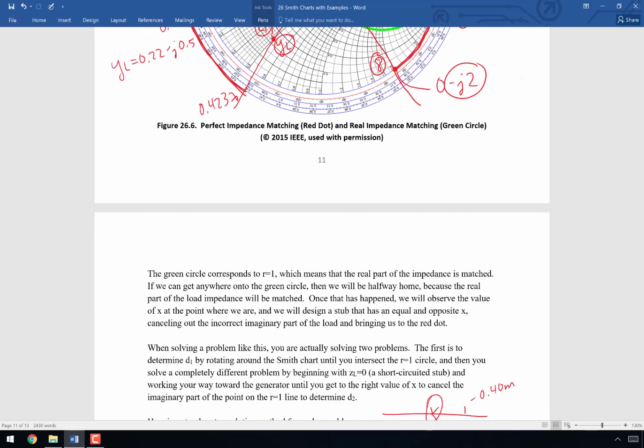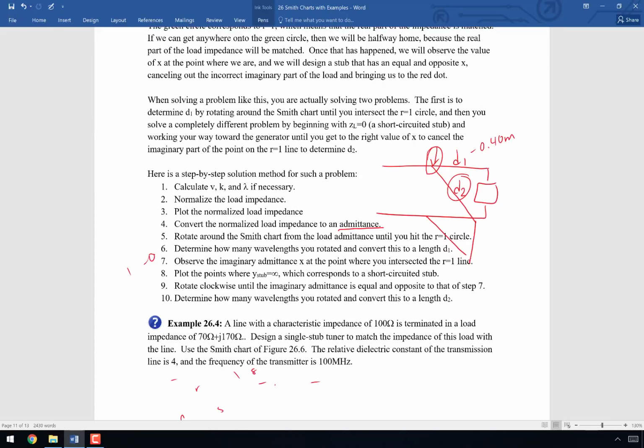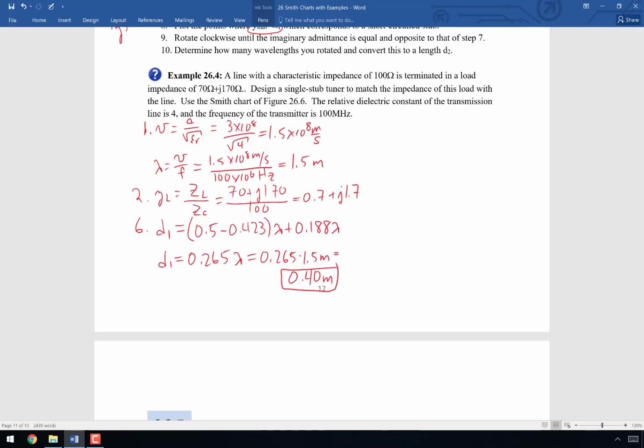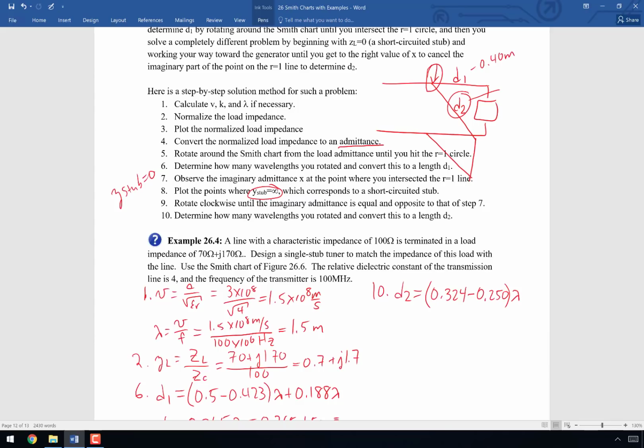And then step 10, determine how many wavelengths you rotated. There we go. So step 10, we know that D2 is equal to, we went to 0.324, but we started at 0.250, and all of that's multiplied by lambda.